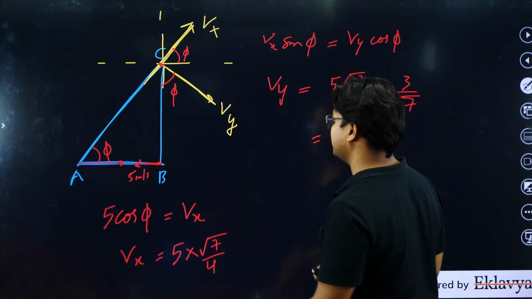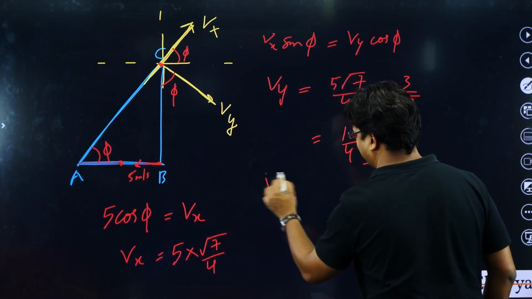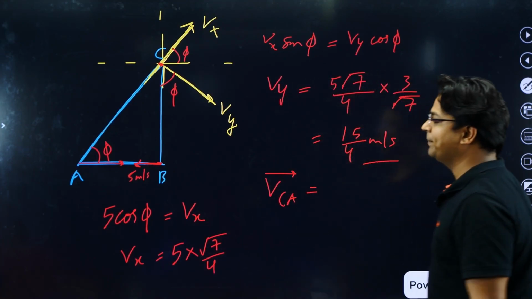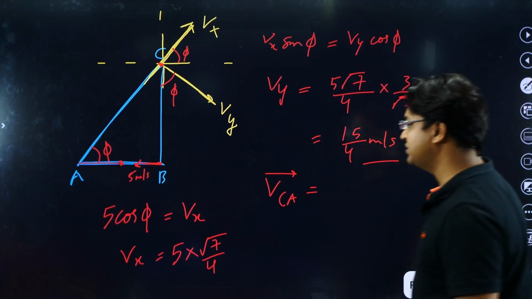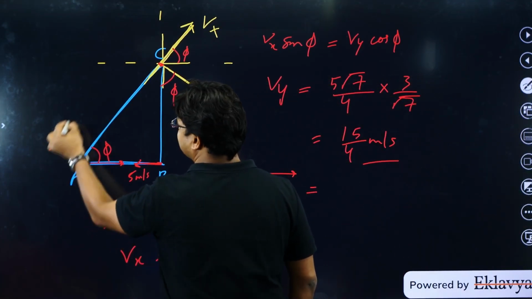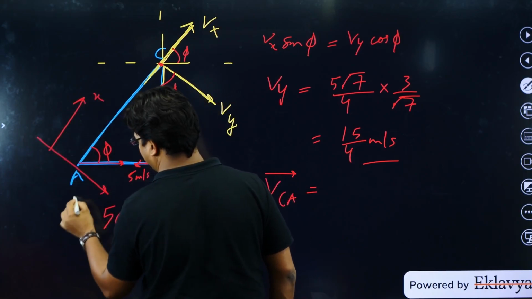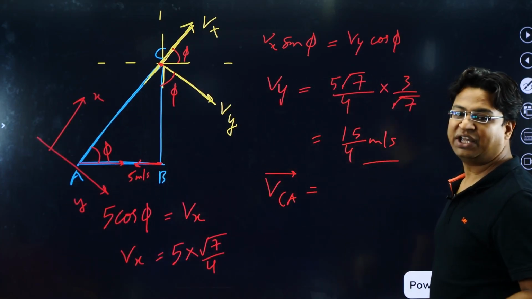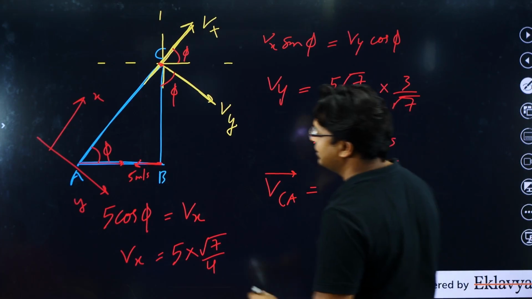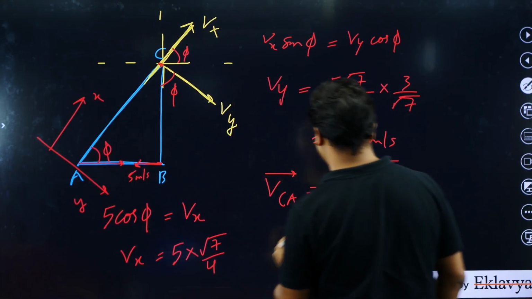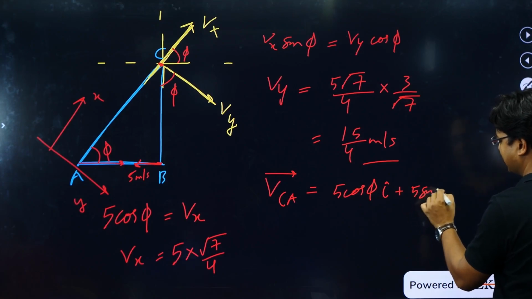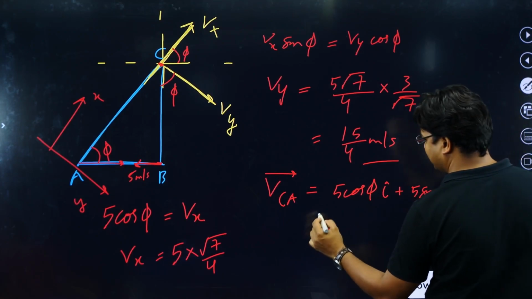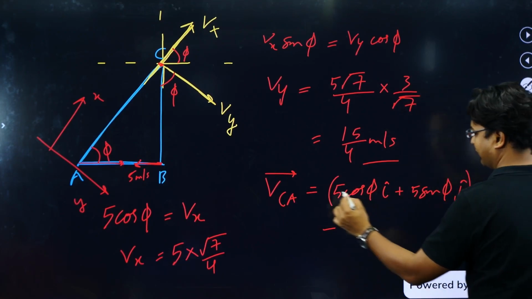The question is asking us the magnitude of velocity of C with respect to A. So what do we do? If I consider this direction as x and this direction as y, I will write velocity of A vector as 5 cos phi i cap plus 5 sin phi j cap. That's velocity of A, so I will put it with the minus sign.